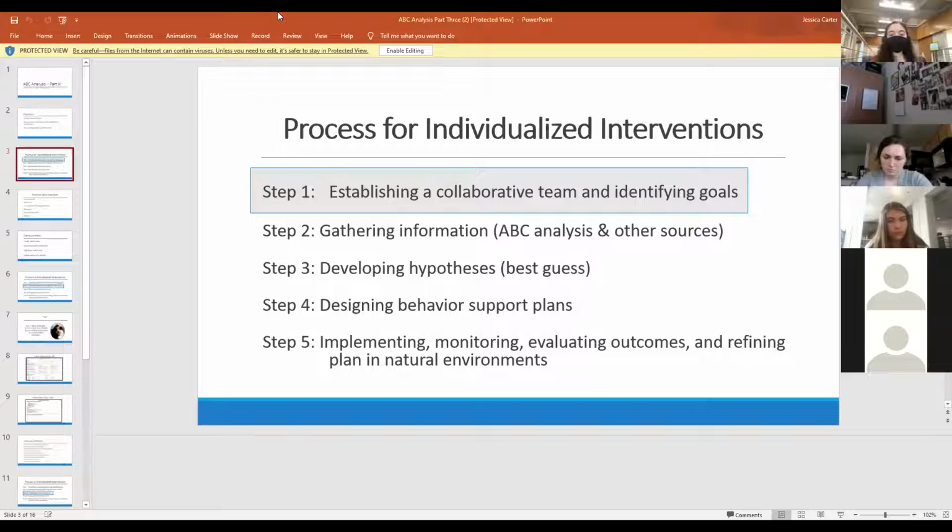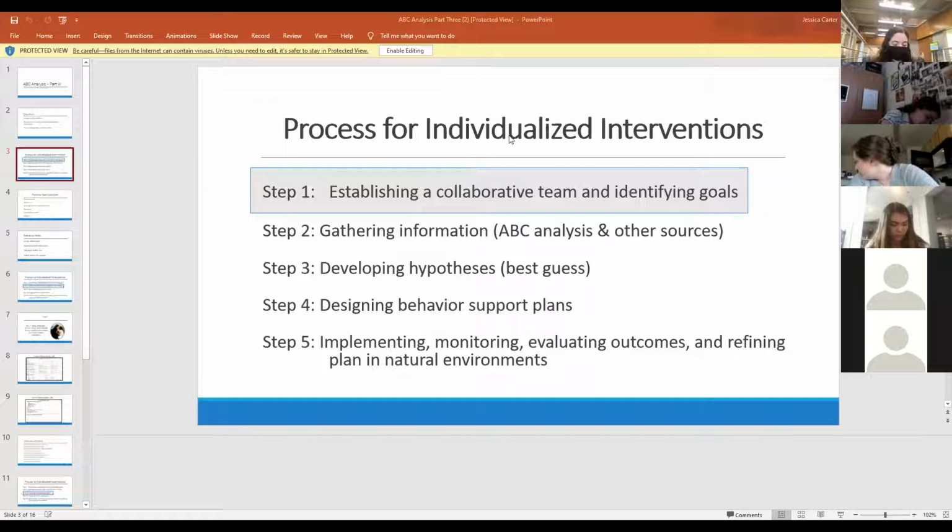So part 3 of thinking through this ABC analysis piece is, where do we go from here? If we have a child who is engaged in challenging behaviors, we're doing this documentation and trying to figure out what are the solutions to this issue.